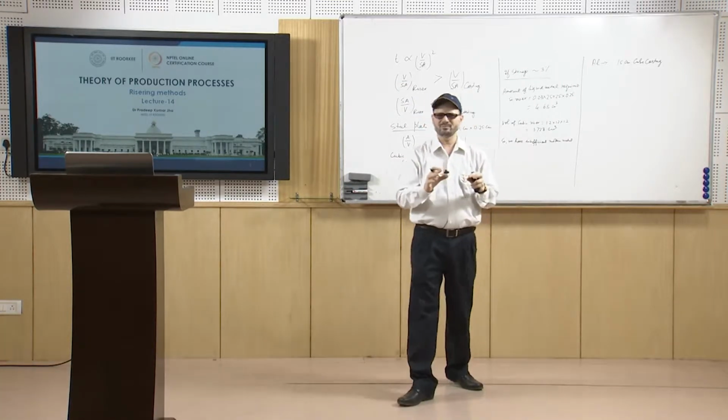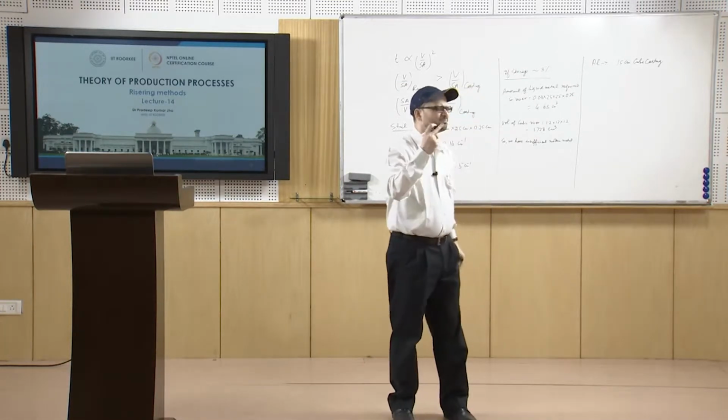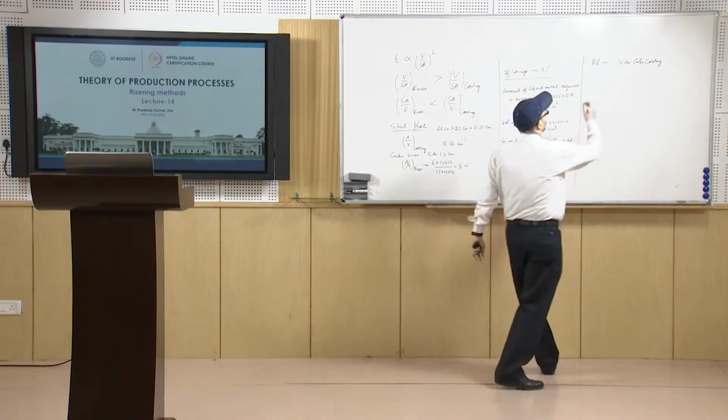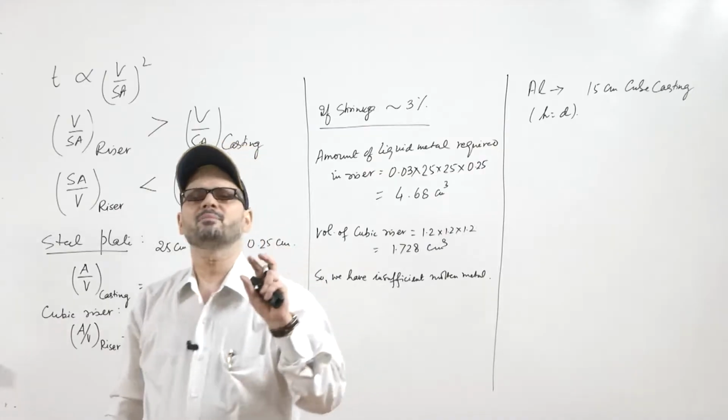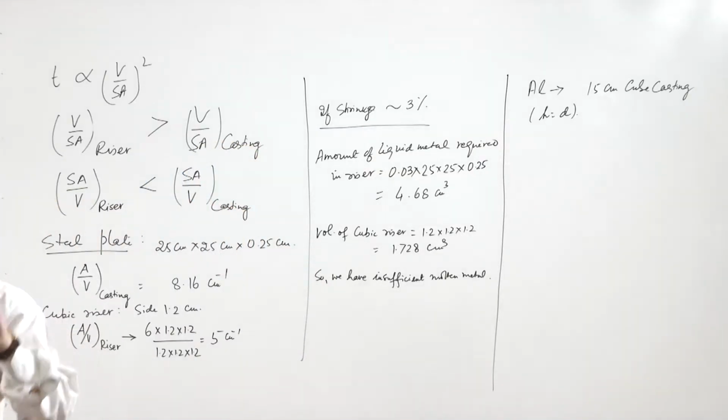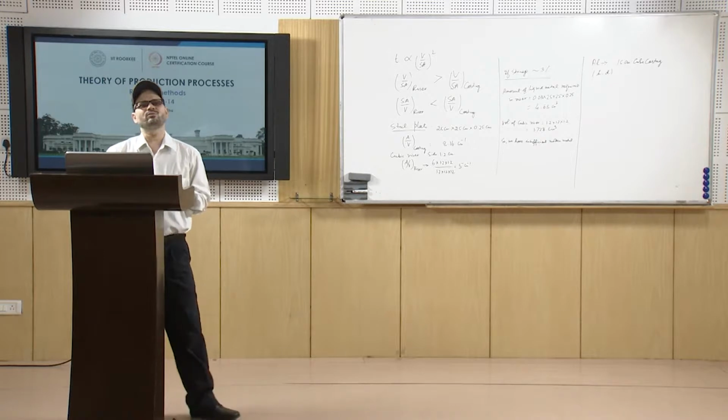That condition can be found out and calculated, and it can be found that for H equal to D you get that optimum condition. So, you need to design a riser for which H equals D.